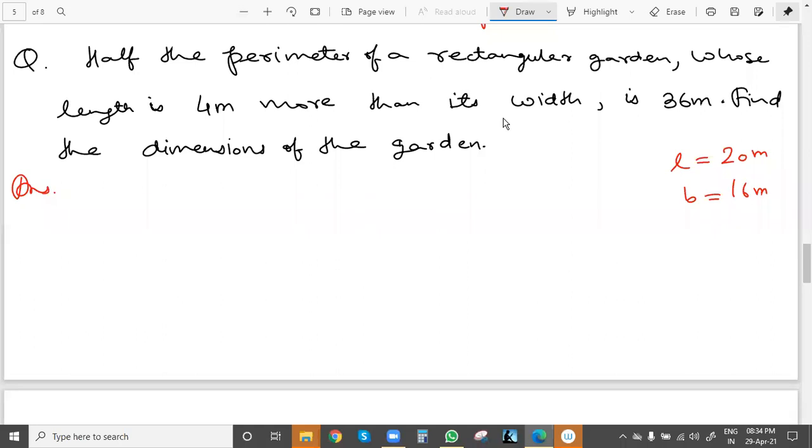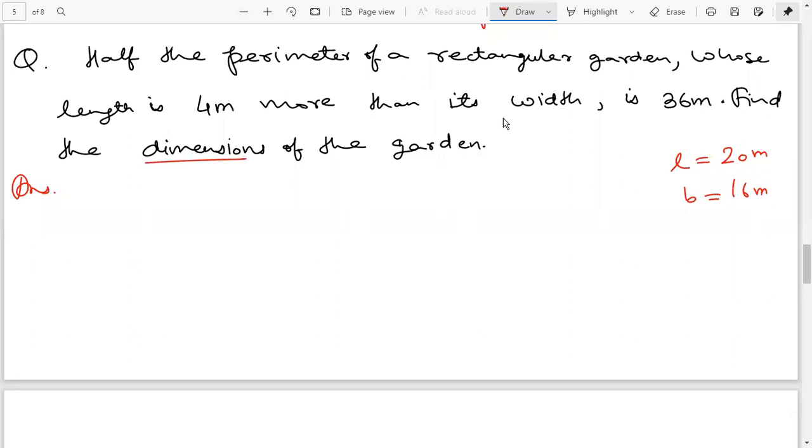So dimensions we have to find. Dimensions means length and breadth. Dimensions of a rectangular garden means length and breadth. So we can assume the dimensions to be x and y, and then accordingly we can solve in the given condition to find the x and y values.